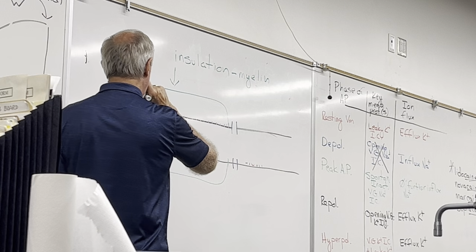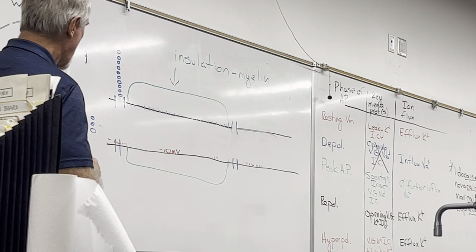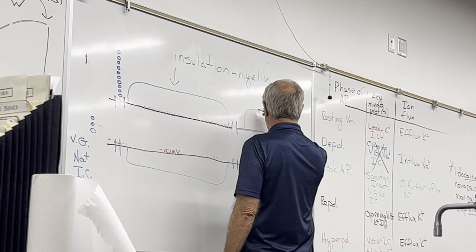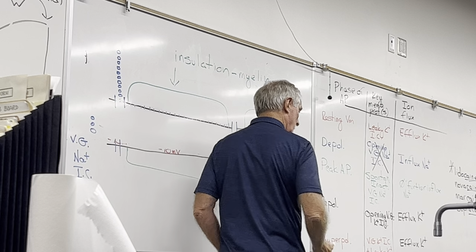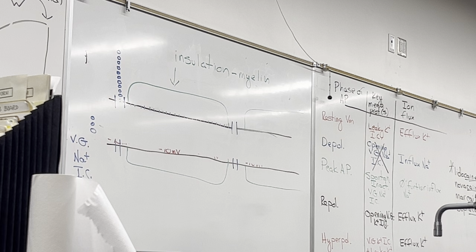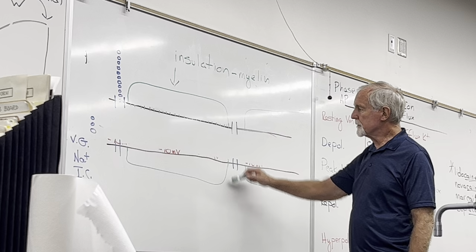And I've got this myelin that's being produced by these Schwann cells, and now, Kathy, what are these regions called right here?